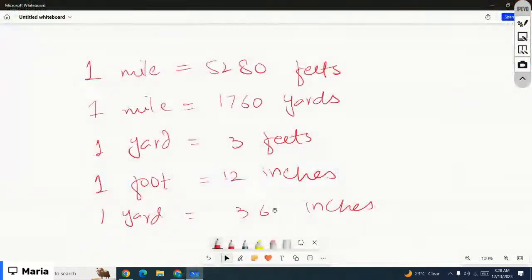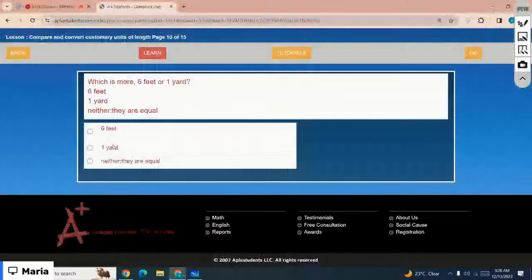And 1 yard equals 3 feet. So obviously 6 feet is more than 1 yard because 1 yard equals 3 feet, right? The correct option is 6 feet.